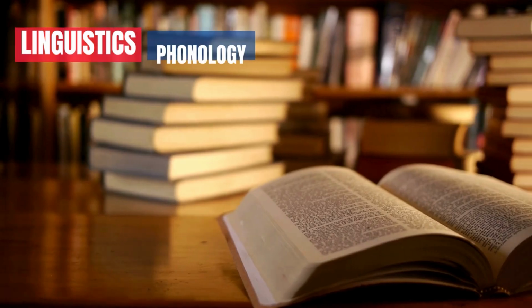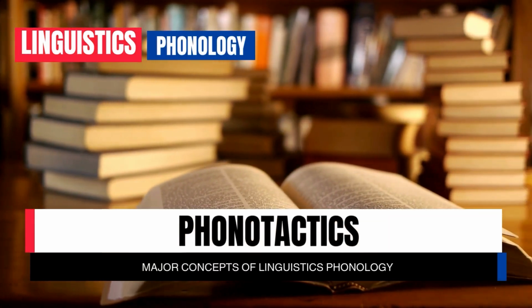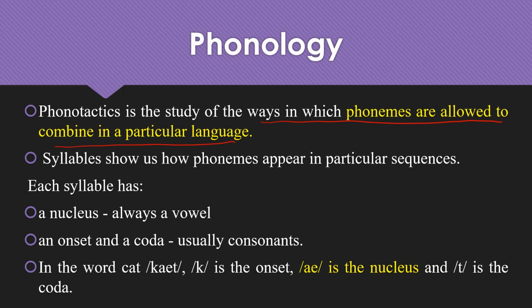Phonotactics is the study of the ways in which phonemes are allowed to combine in a particular language. The structure of syllable shows us how phonemes appear in particular sequence. Each syllable has a nucleus, an onset and a coda.